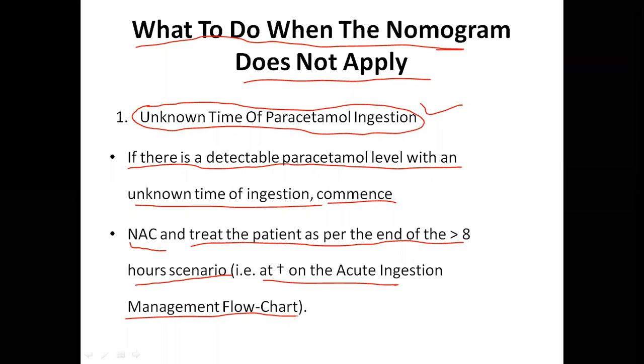No problem. Take the blood and do the test for serum paracetamol. If you find a detectable amount of paracetamol in the serum, then you will start the NAC. No need to go to the nomogram because it's not helpful. I don't know the time, but there is paracetamol in the serum.